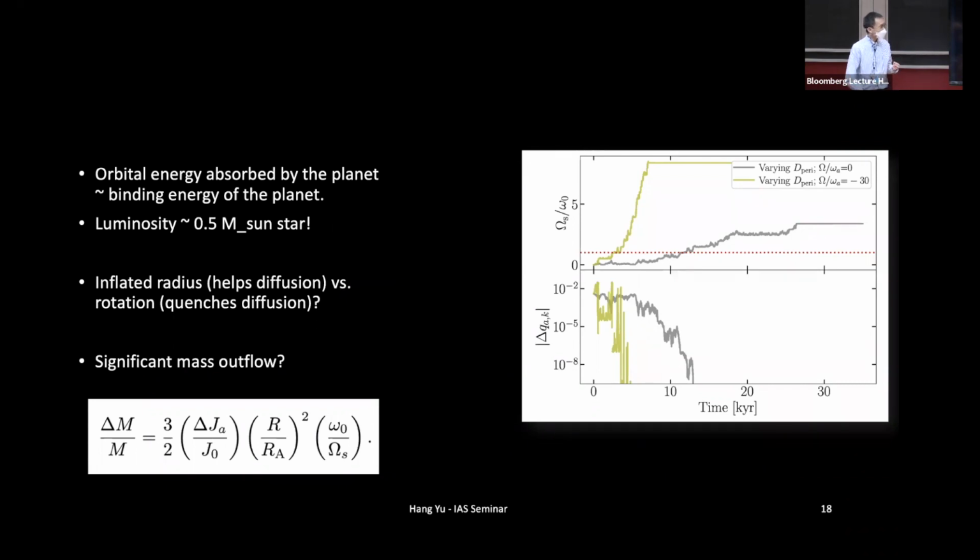If this happens through this diffusive process, meaning this energy needs to be dissipated within a 10 kiloyear time scale, then the luminosity of the planet can be comparable to the luminosity of a 0.5 solar mass star. Such dramatic tidal heating can really significantly alter the structure of the planet, and that's something we need to work out in detail.